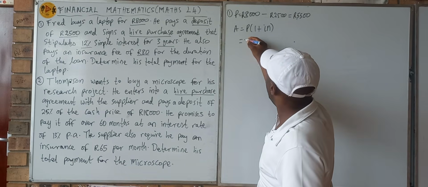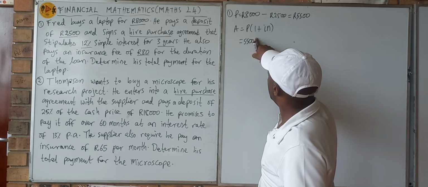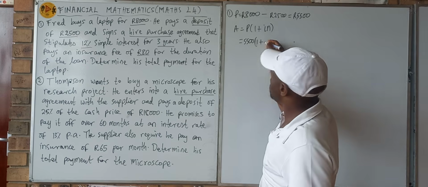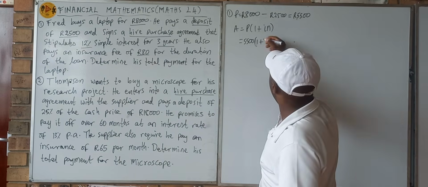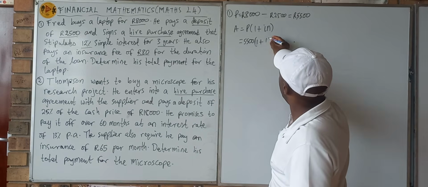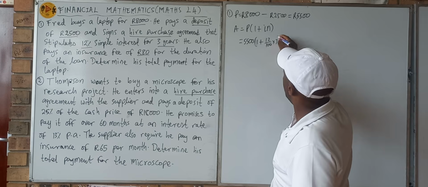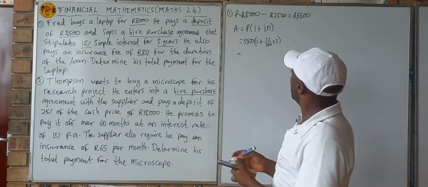So the accumulated loan should be 5,500 of 1 plus, how was this loan given out? 12% simple interest. With hire purchase agreements, we always use the simple interest formula. So we'll have 12% over 3 years, and we'll see how much this loan will end up being.